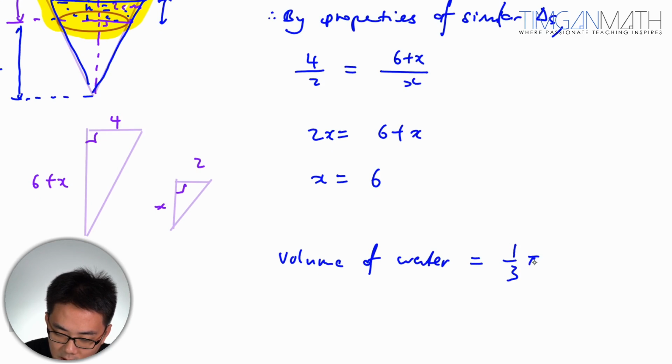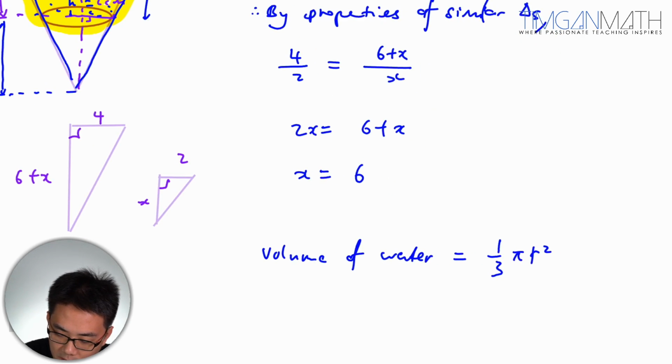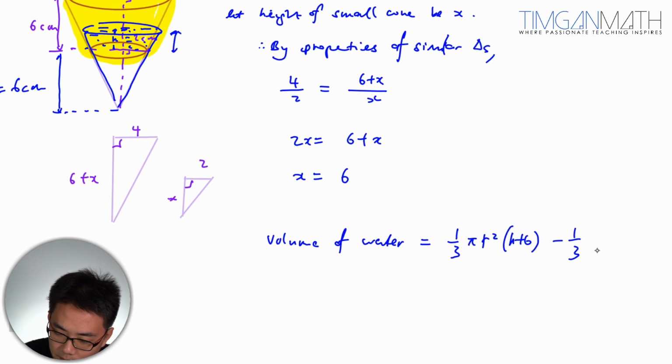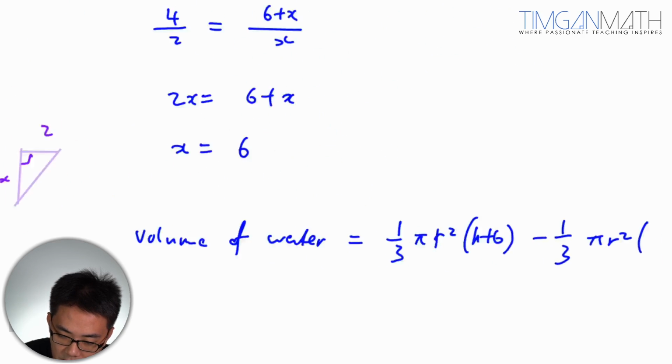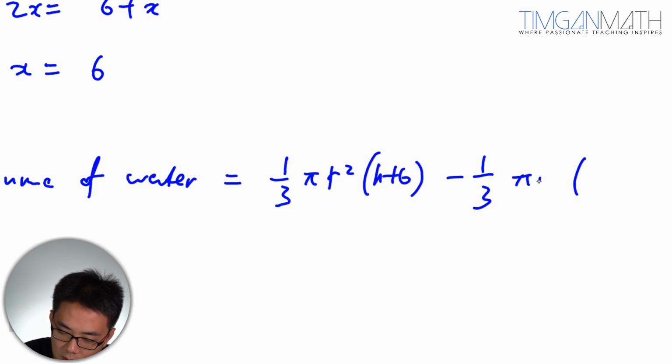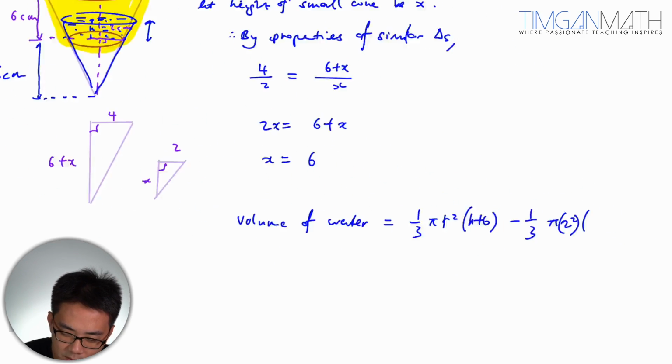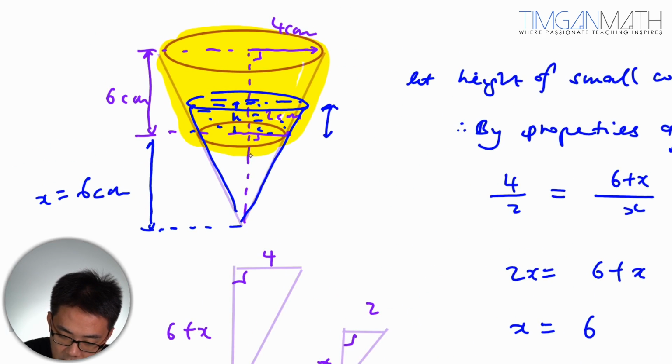So it's 1/3 pi r square h plus 6, minus 1/3 pi times 2 square. This length here is 2.